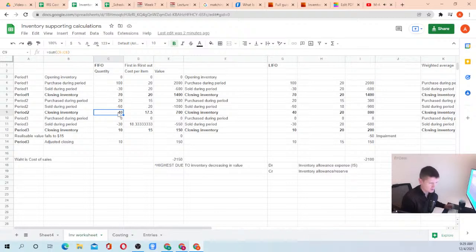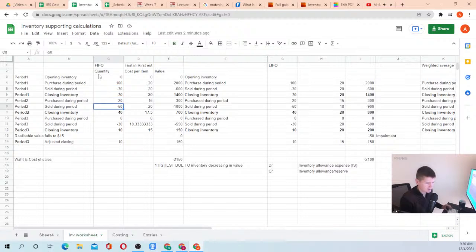Then you take the remaining 20 items at $20 and 10 at $15, and you have 10 items left, valued at the cost of $15. That's because your last purchase was at $15, and you have only 10 left.